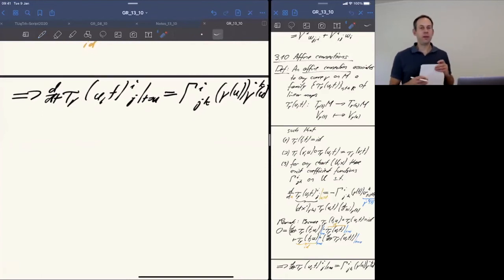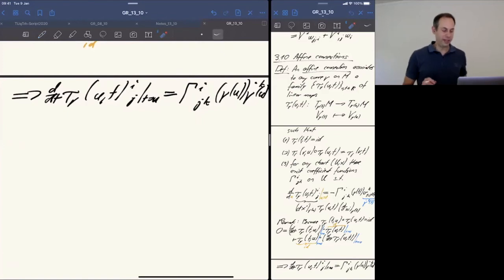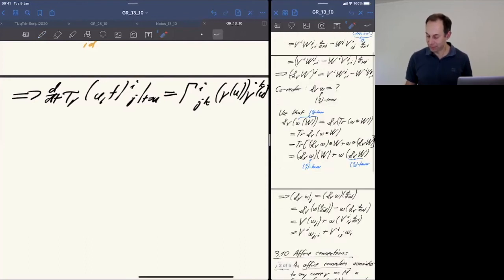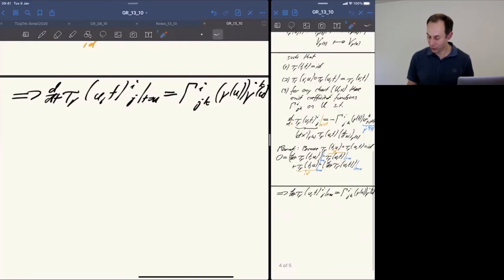Now there is one last thing I want to do today, which is quite tedious, but we have to do it at some point. This is to see how these coefficients, these gammas, actually transform. Because note that the definition is really very explicitly depending on the choice of a coordinate system.